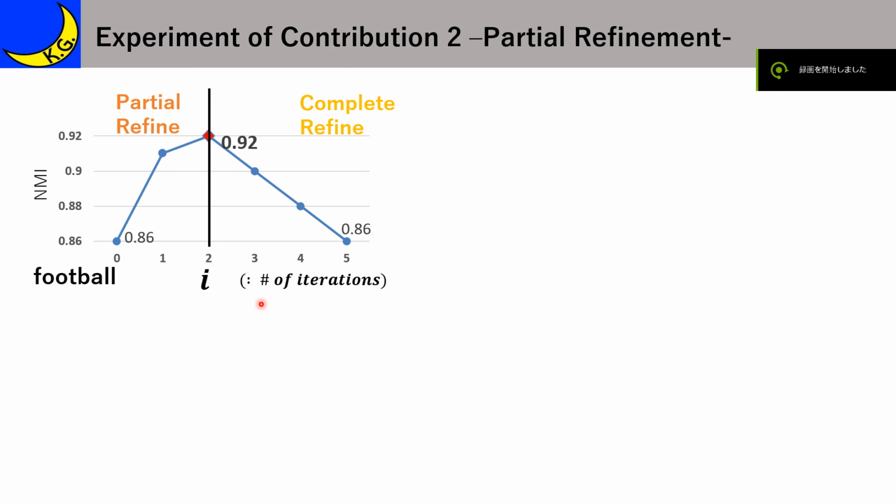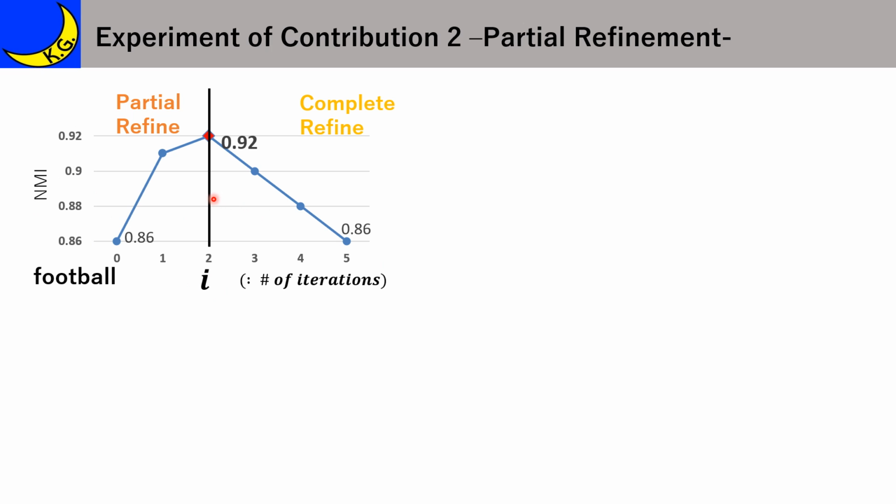The left figure shows the NMI of clustering datasets when using the refinement process. The horizontal axis of the figure shows i, the number of iterative updates of the refinement. The vertical axis shows the NMI when inputting Si, updated i times, to the spectral clustering.